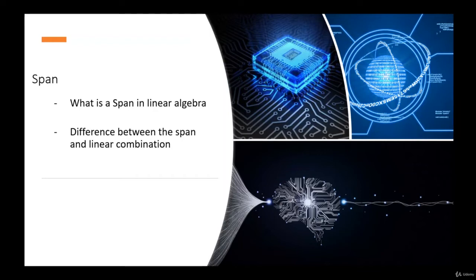The span is a bit different: the span of a basis set is the full list of all linear combinations that can be created from the elements of that basis set multiplied by a set of scalars.